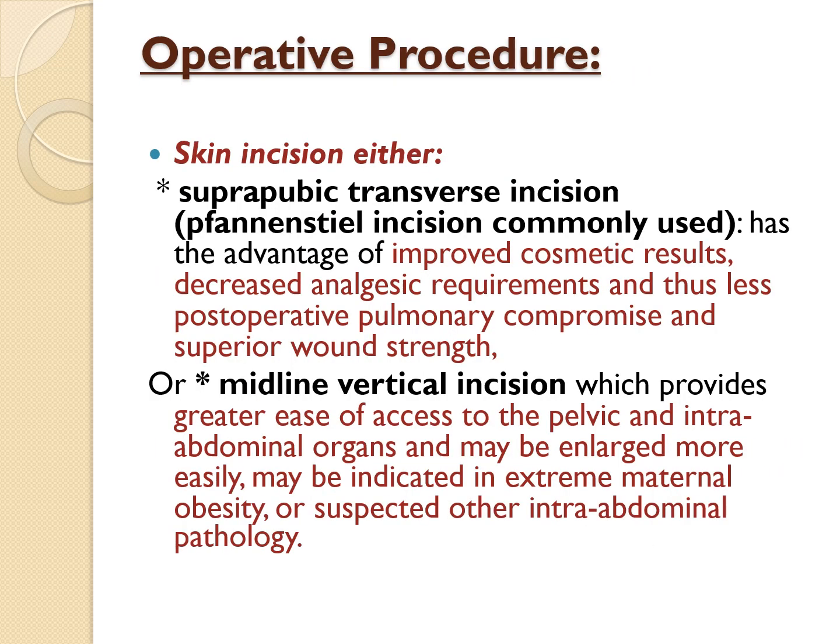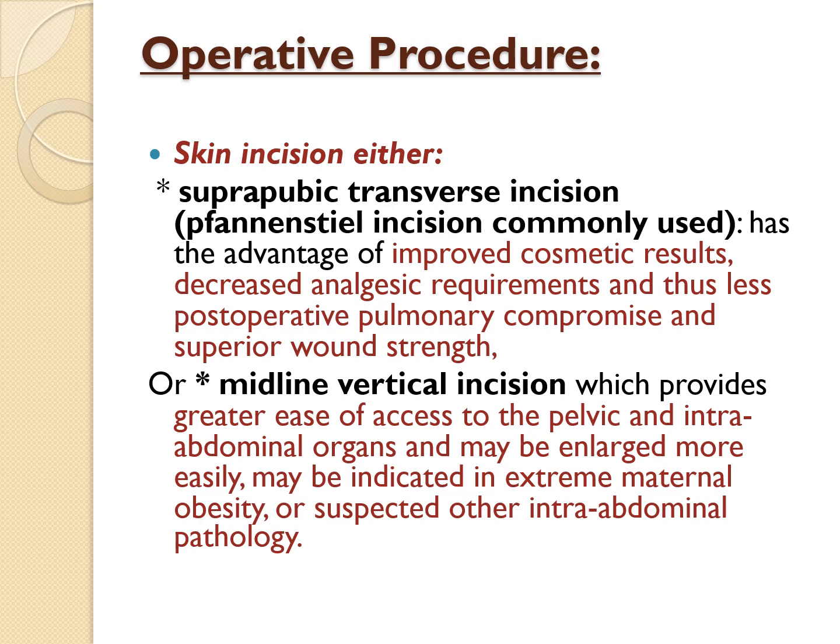The operative procedure. Skin incision is either suprapubic transverse incision or midline vertical incision. Suprapubic transverse incision, which is known as Pfannenstiel incision, is commonly used, has the advantage of improved cosmetic results, decreased analgesia requirements, and thus less postoperative pulmonary compromise and superior wound strength.